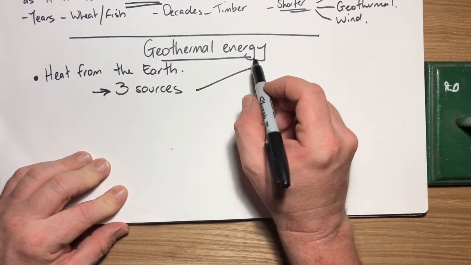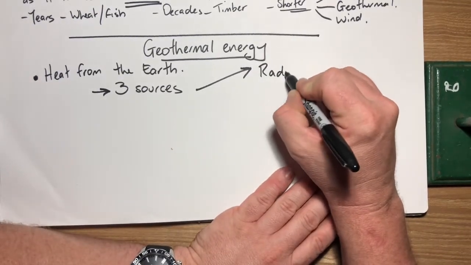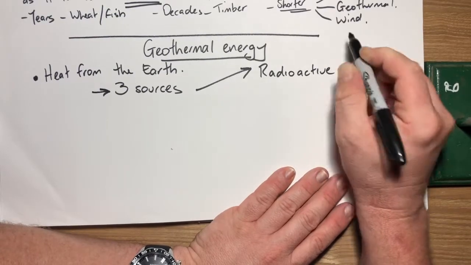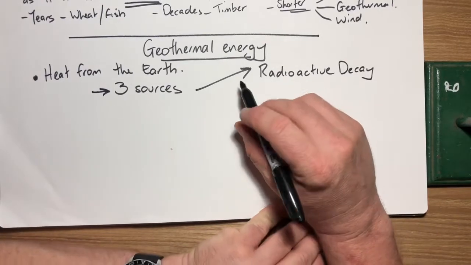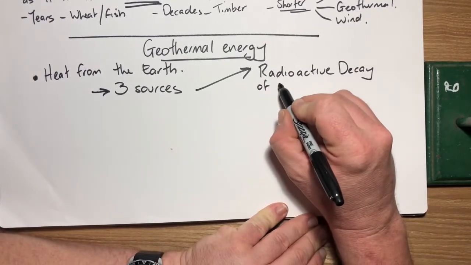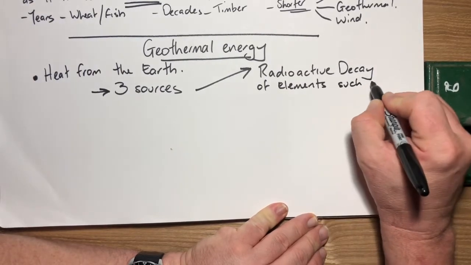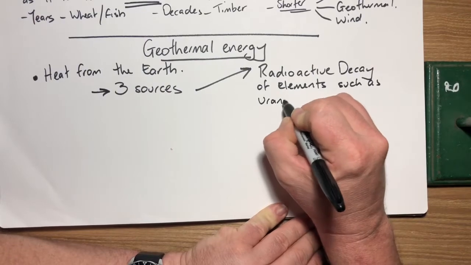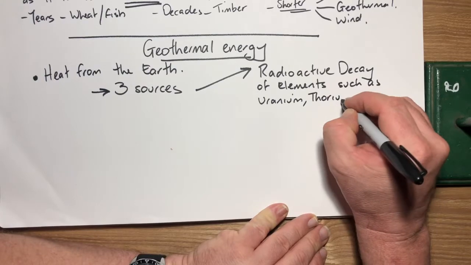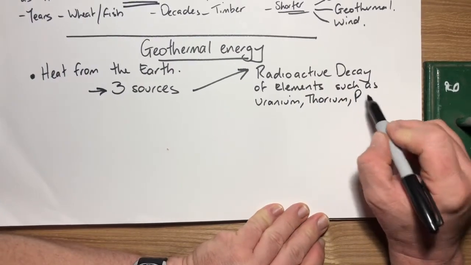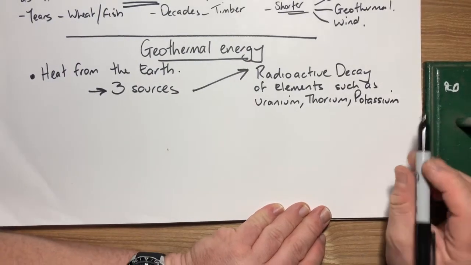Firstly, the source is radioactive decay of elements such as uranium, thorium, and potassium within the Earth.